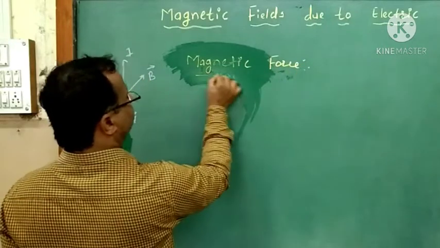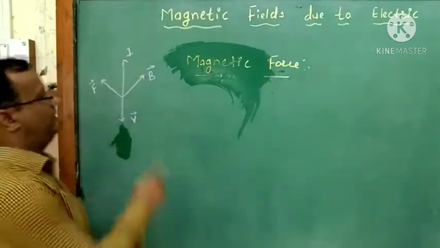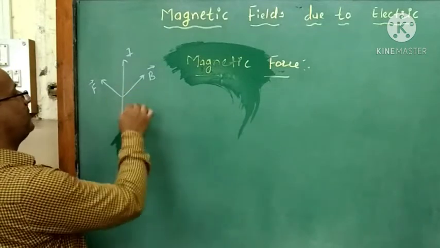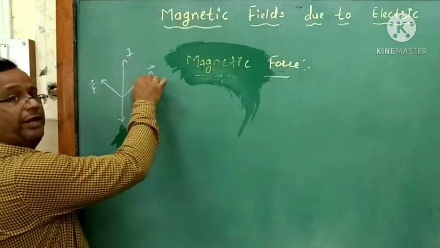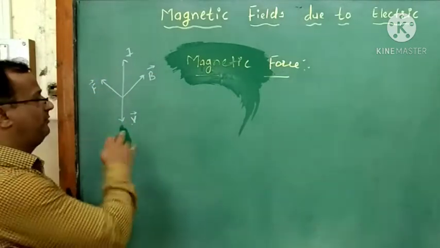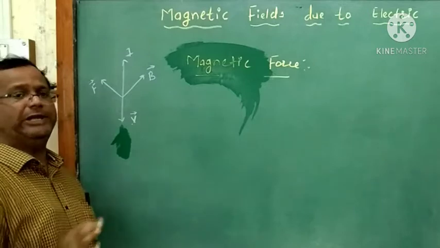See here, we know these three quantities, that is V, B, and F. Here we consider simply an electron.